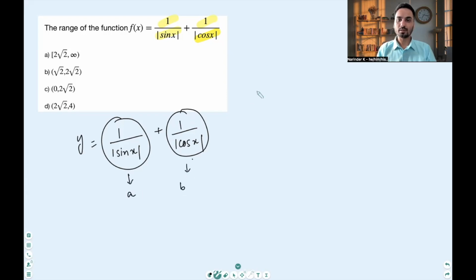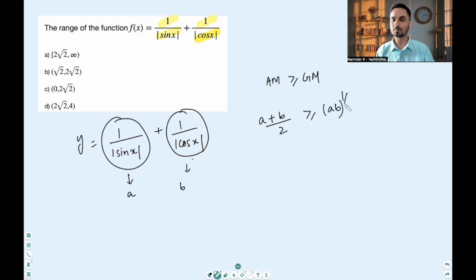Applying the concept that the arithmetic mean of two numbers is greater than or equal to their geometric mean, we can write (a plus b) over 2, which is the formula for the arithmetic mean of two numbers, is greater than or equal to their geometric mean, which is ab raised to the power 1 over 2. Or we can write a plus b is greater than or equal to 2 times the square root of ab.